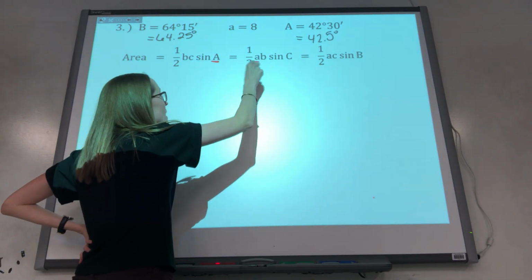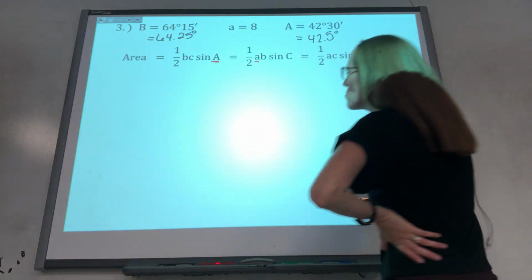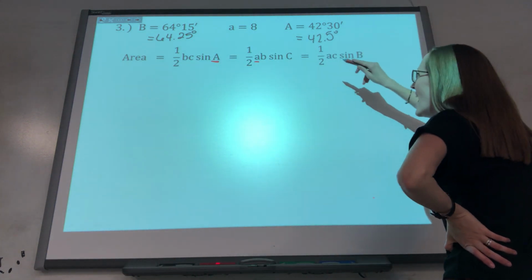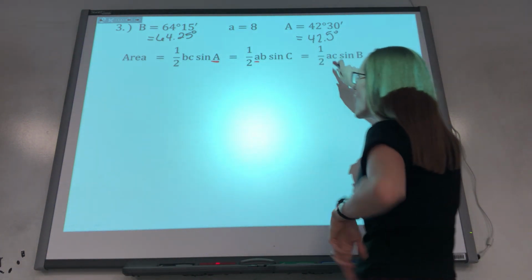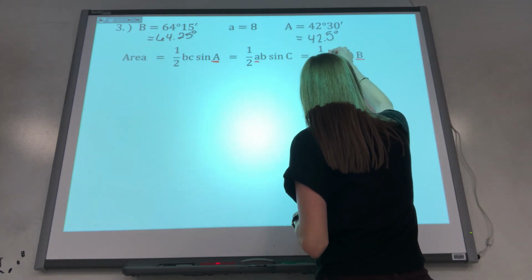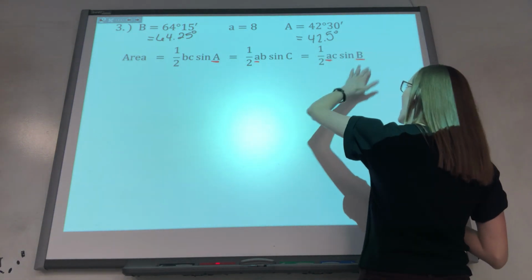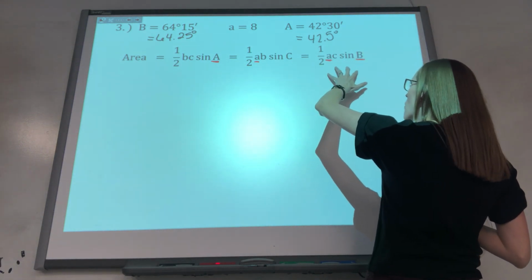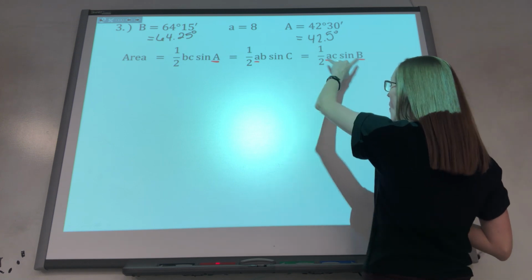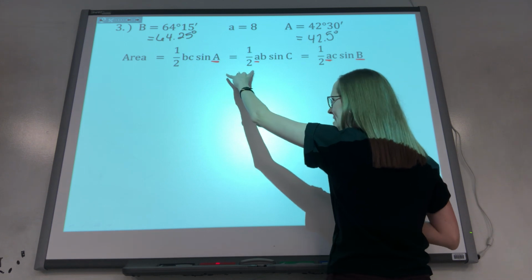If I use this one, I would only know little a, and that's again kind of a bummer. So I'm moving down to the last one, and of all three of our options, this is probably our best option. We don't know everything about this formula, but we know more about this one than we know about those.